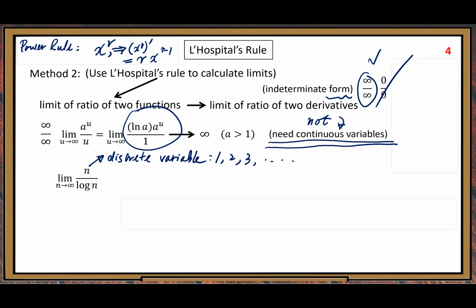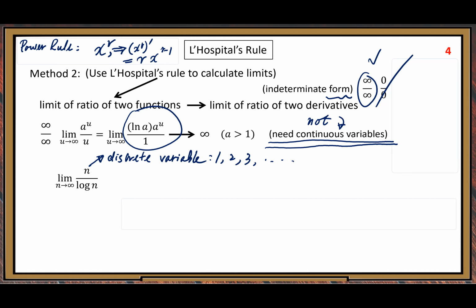For discrete variables, the derivative is not defined. You cannot define derivatives if you use discrete variables.